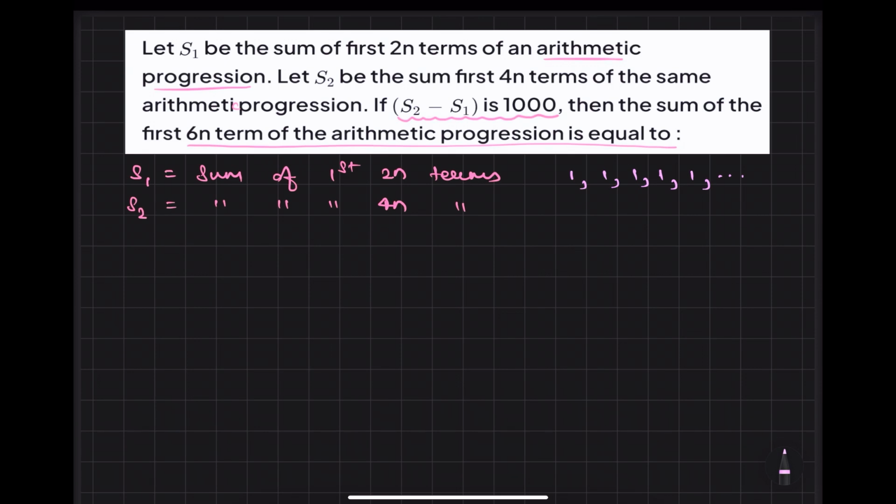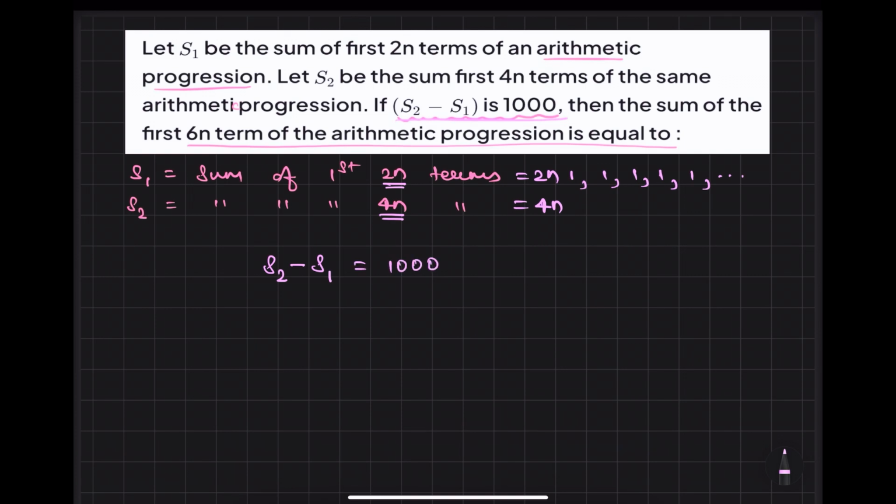So look at the idea. Now you know that the sum of the first 2n terms for this series would become 2n, and the sum of the first 4n terms of this sequence will become 4n. Now they are saying that S2 minus S1 equals 1000.